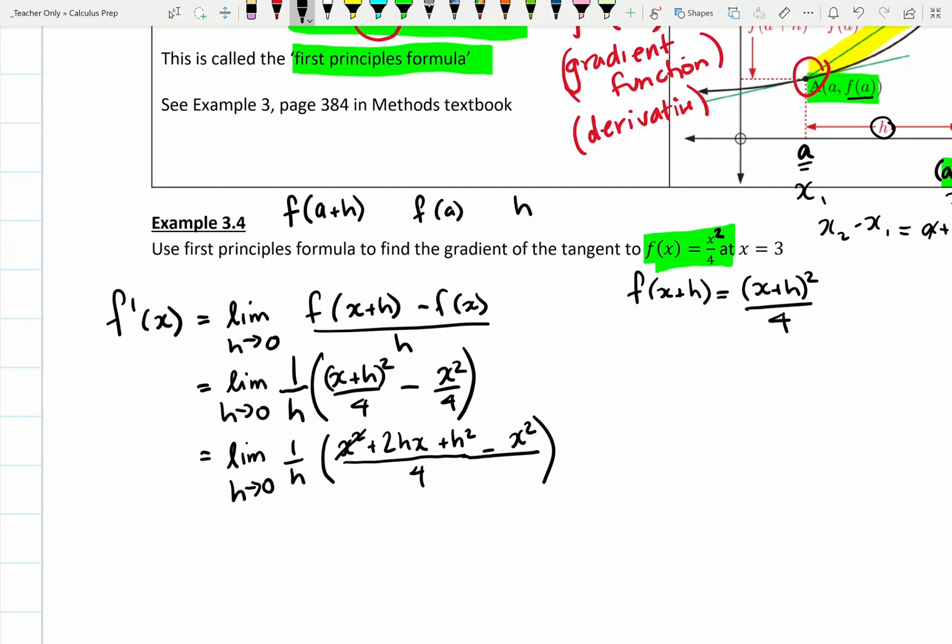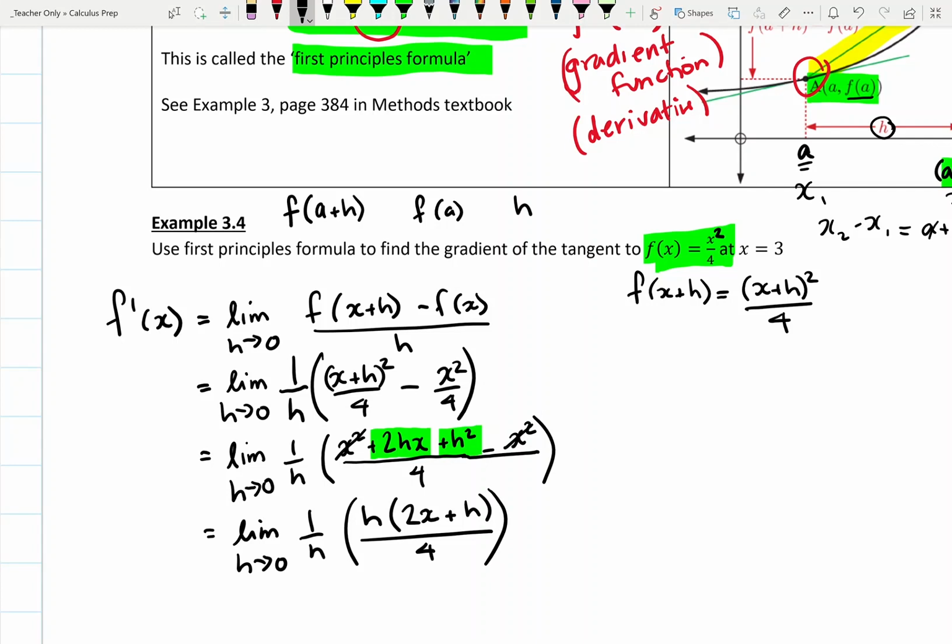Then we cancel x squared minus x squared, and we're left with these two terms here, plus 2hx plus h squared. They've got a common factor of h. So what we're going to do is, haven't done anything with our limit statement yet, so we just write it down. I'm going to factorize that numerator. So it's h outside of 2x plus h on 4.